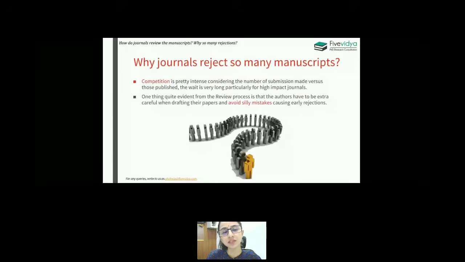So one thing which we all as scholars should keep in mind is that we should avoid silly mistakes while drafting our paper, so that we can avoid those early rejections, pass the hurdles and move ahead.